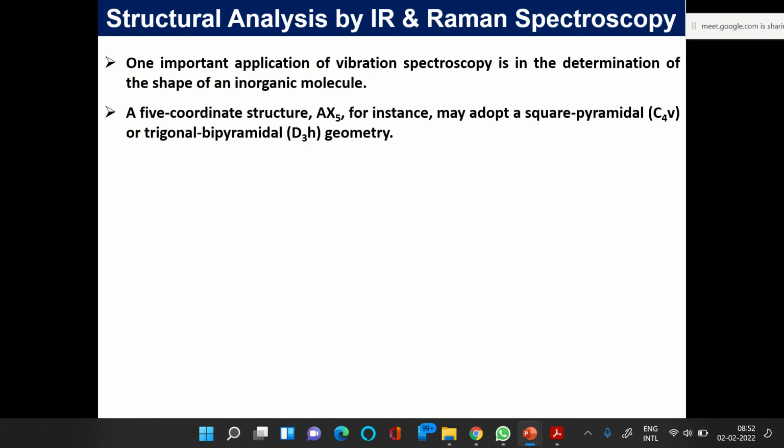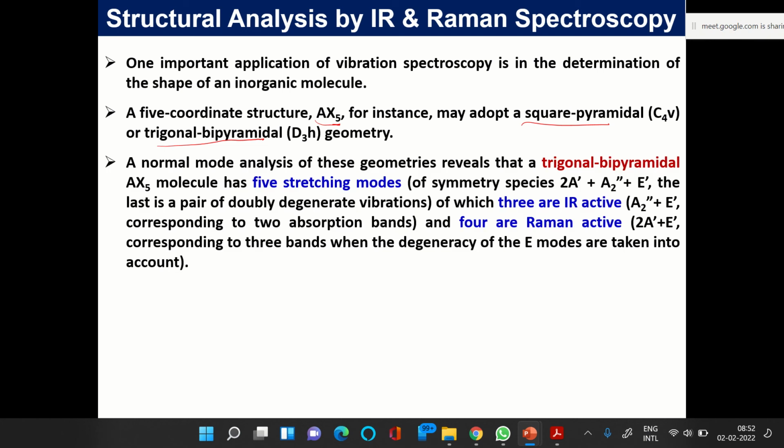So for a five-coordinate system AX5, it can adopt square pyramidal or trigonal bipyramidal geometry. I hope you remember the group theory part. If you analyze this, you can find out the number of fundamental vibrational modes that may be available.